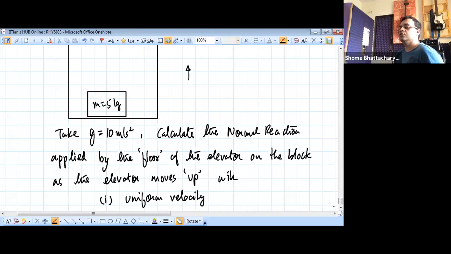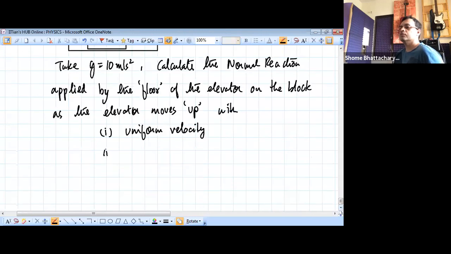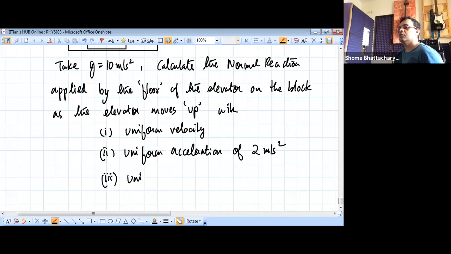Case 2, uniform acceleration of 2 meters per second square. And the third case is going up but with uniform deceleration of, let us say, 1 meter per second square.